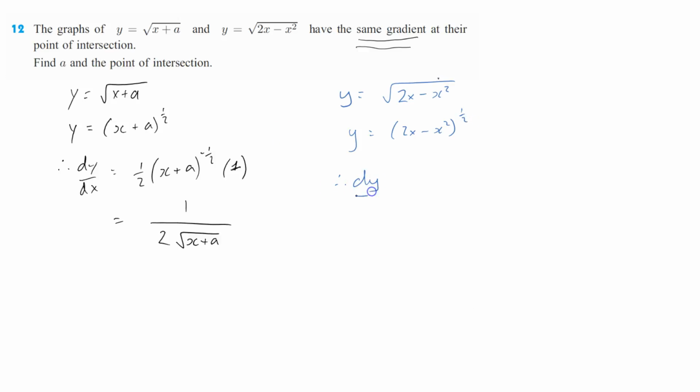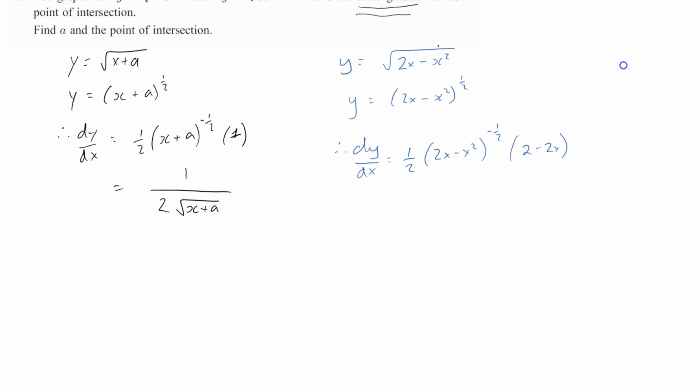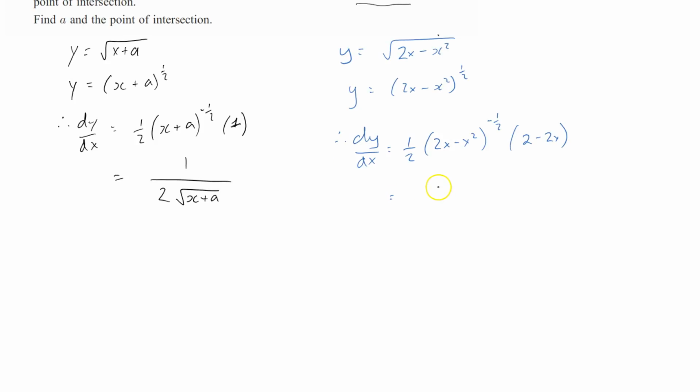Therefore, dy/dx, chain rule, derivative of the outside of the brackets, half (2x minus x squared) to the negative 1/2, multiplied by the derivative of the inside of the brackets, which is 2 minus 2x. Okay, can we make that look a little bit nicer? Yes. That's 2 minus 2x over 2 square root of 2x minus x squared.